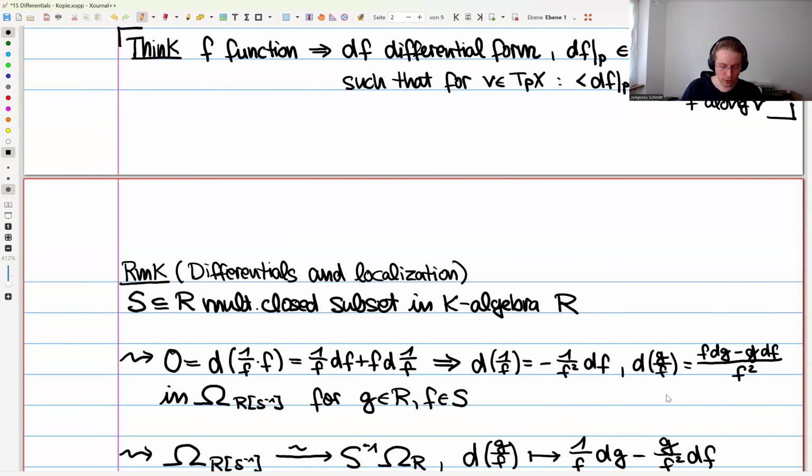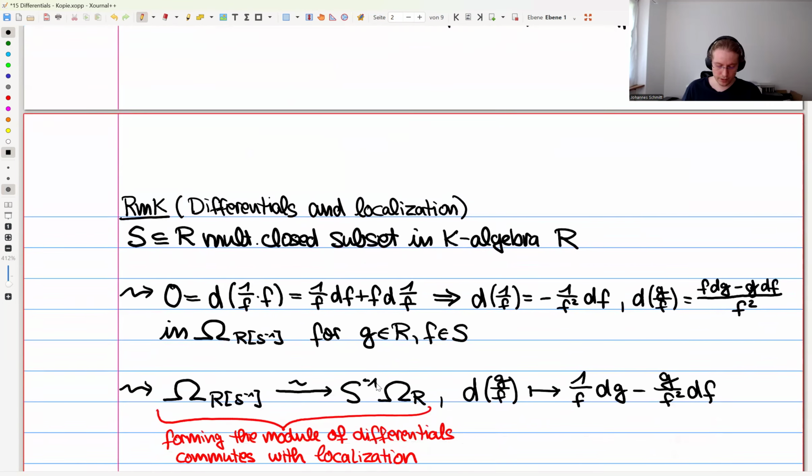And all of these equalities make sense in this omega of the localization when g, the numerator, is an arbitrary element of R and the denominator is an element of S. We didn't really cheat at any point here. We just used the properties that we are allowed to use.